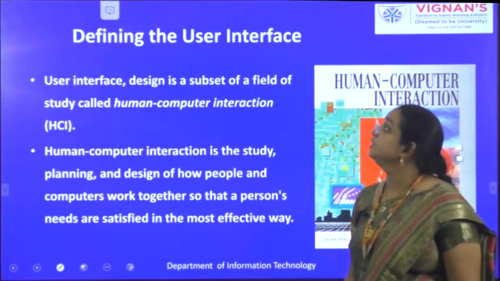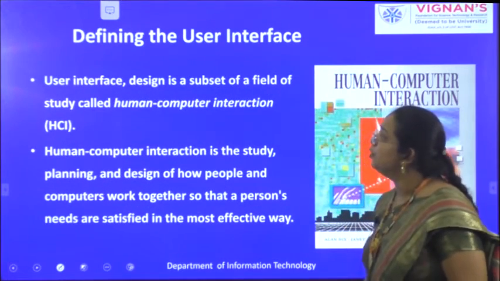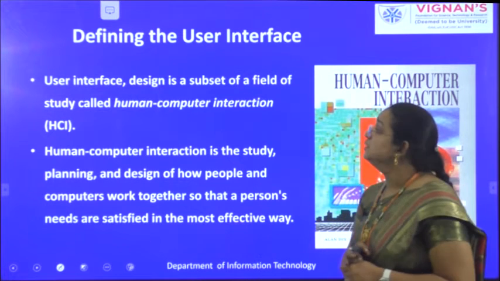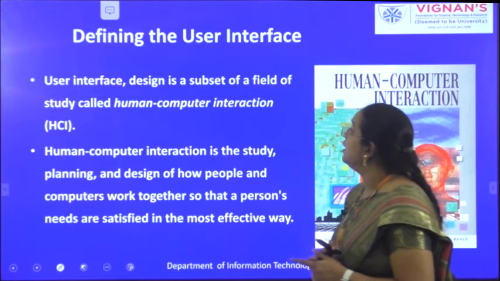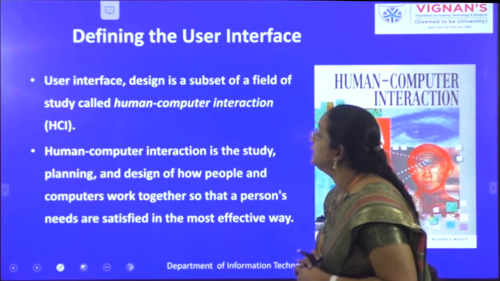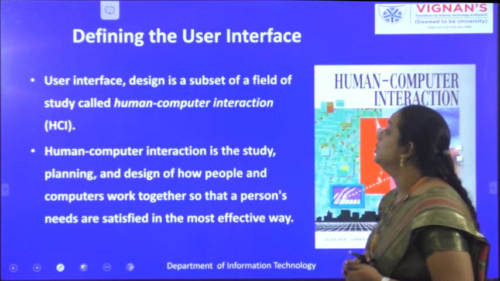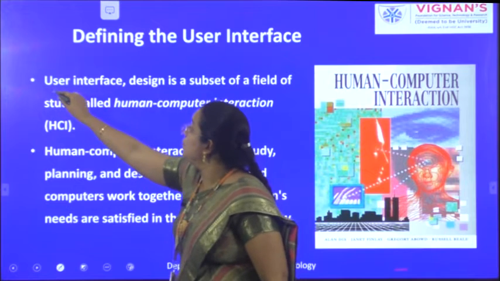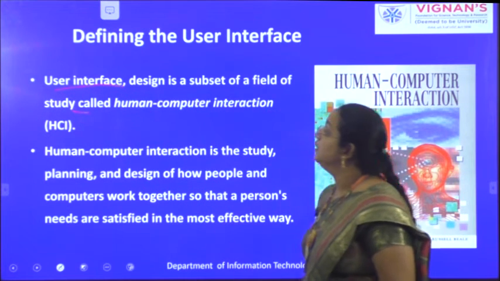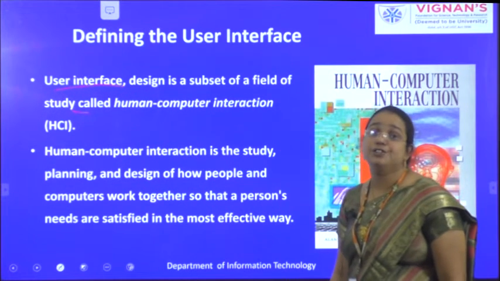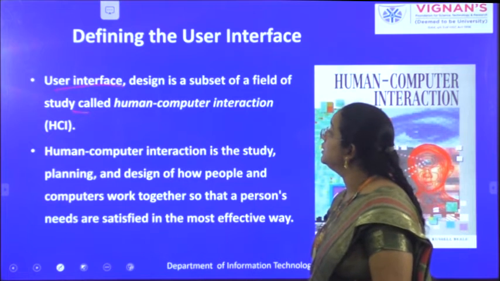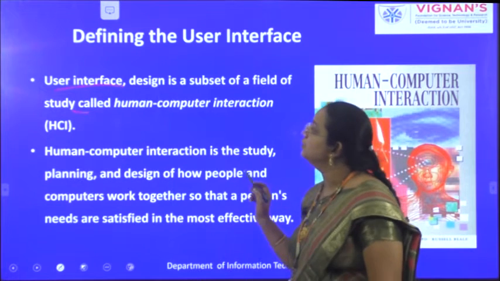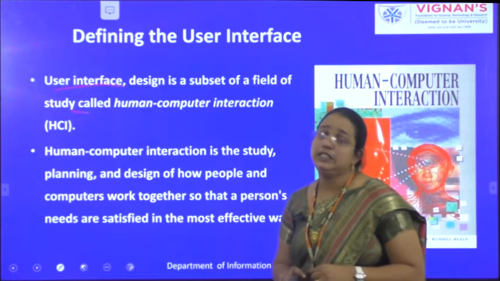Now, defining the user interface. What do you mean by user interface? User interface design is a subset of the field of study called human-computer interaction. User interface is a part of the design of human-computer interaction.